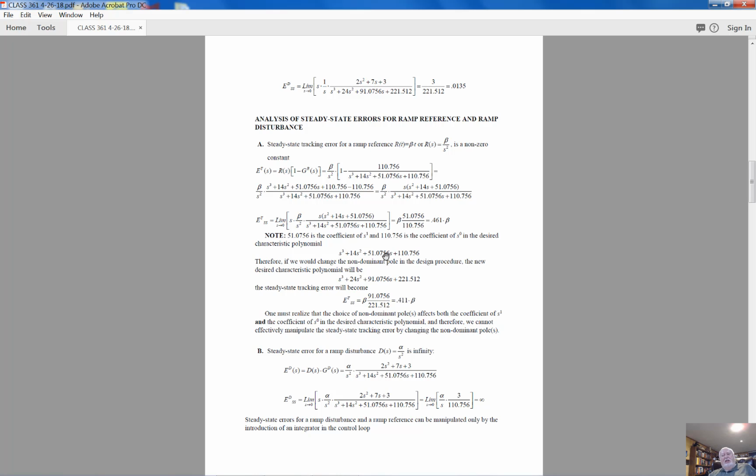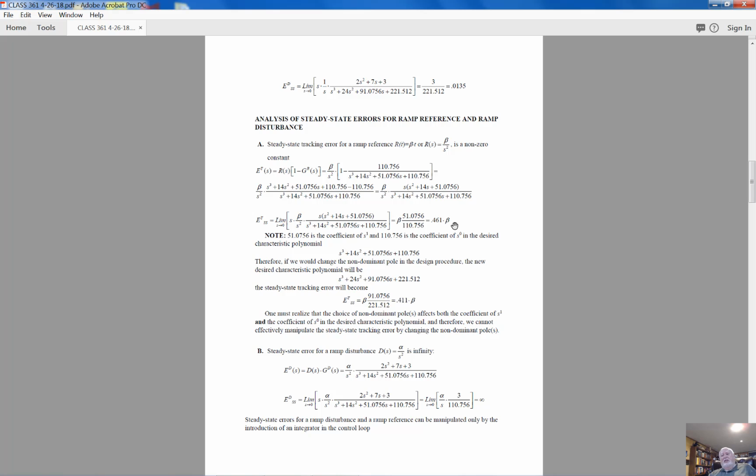And if I would change the non-dominant pole, I am sure that this coefficient will change, but this one will also change. So we're getting into the situation when our ability to manipulate this steady state error is almost non-existent.